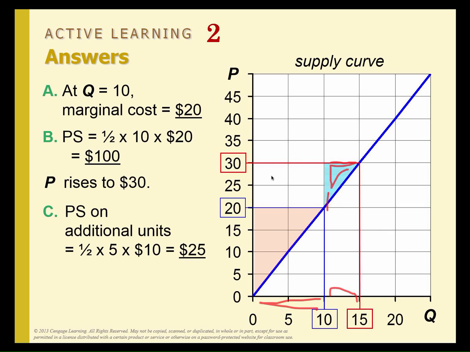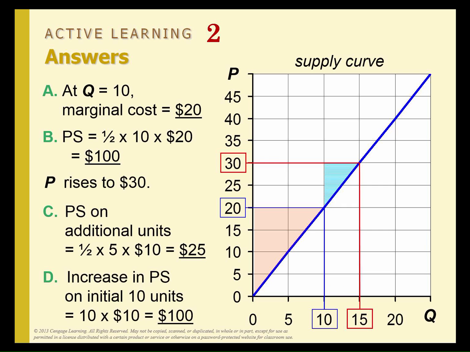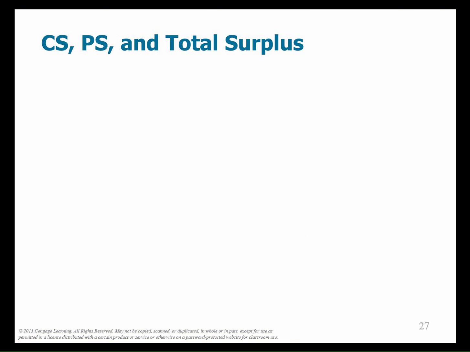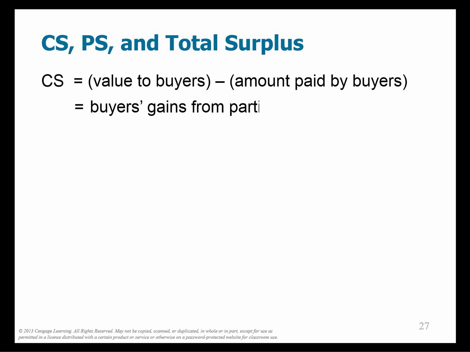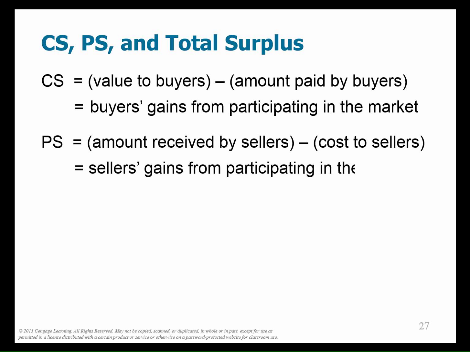But you can also see that there's some more profit that these guys are going to get, the guys who've always been in the marketplace. And that's represented by the green rectangle. Okay, so we have a total of 125 extra dollars of producer surplus, and I decompose it into those two shapes.